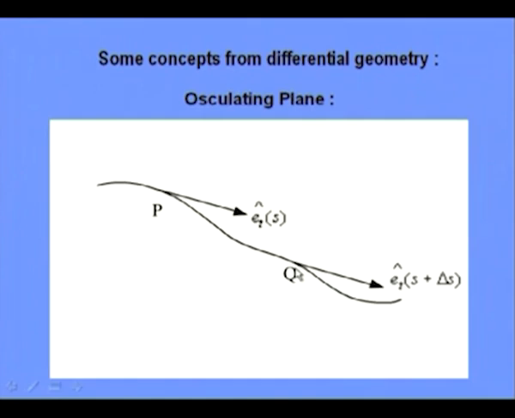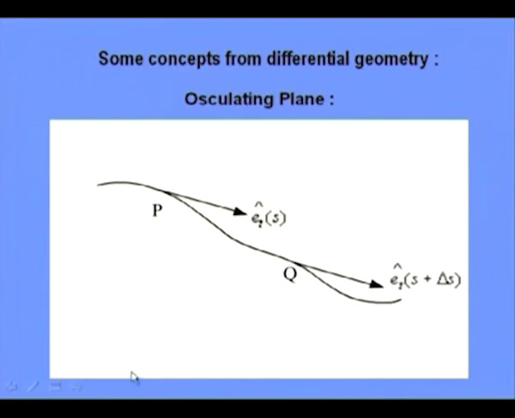In that case also one can draw a tangent on the curve at position S, this is ETS, and the next one is ETS plus delta S. So, these are the 2 tangent vectors drawn.